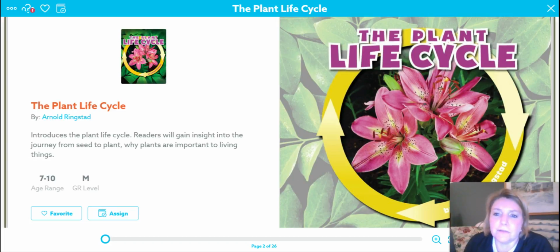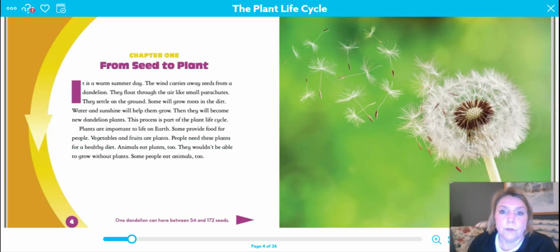Here we go, The Plant Life Cycle. Now again, I'm choosing this book because I want to learn more about plants and how they grow. So I'm going to read chapter 1. Now this book does not have a table of contents, but it does tell me this is chapter 1 and it does have the heading From Seed to Plant.